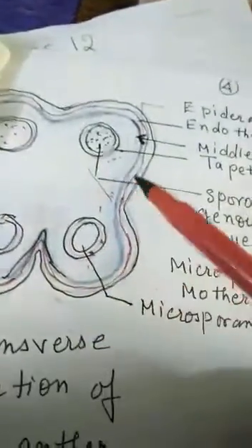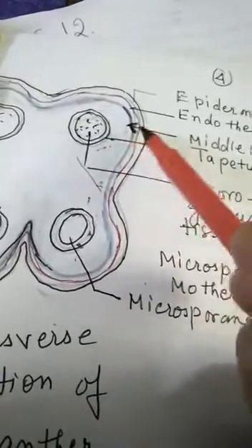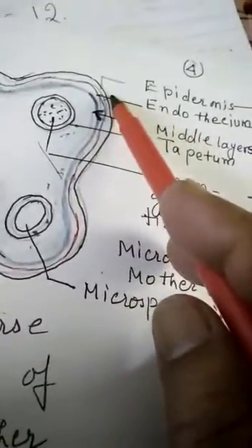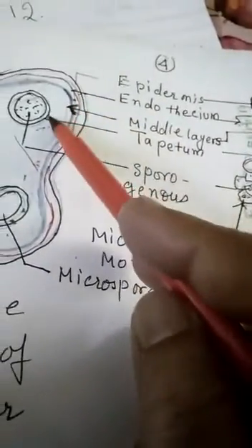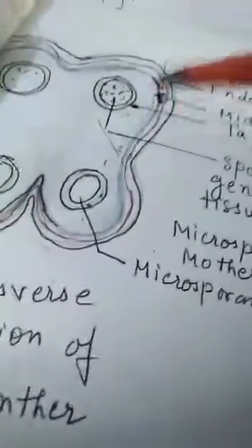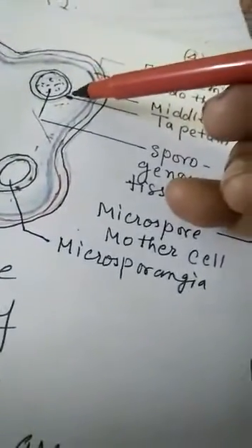In these 4 compartments, there are microsporangia. Each anther has 4 microsporangia. Each microsporangium is surrounded by layers known as the epidermis, the outermost layer, the endothecium, and the middle layer, and then immediately surrounding the microsporangium is the tapetum.